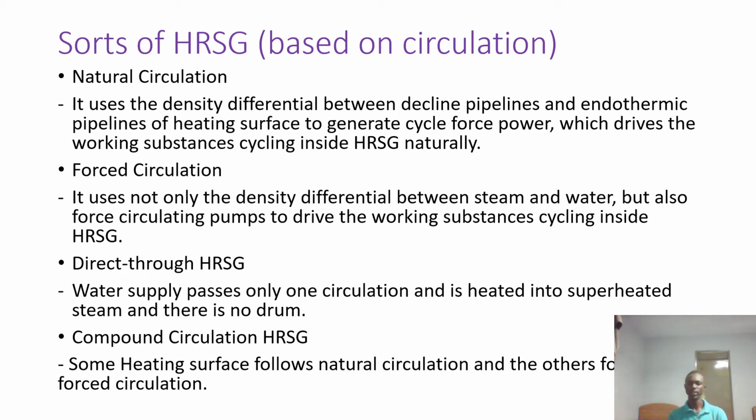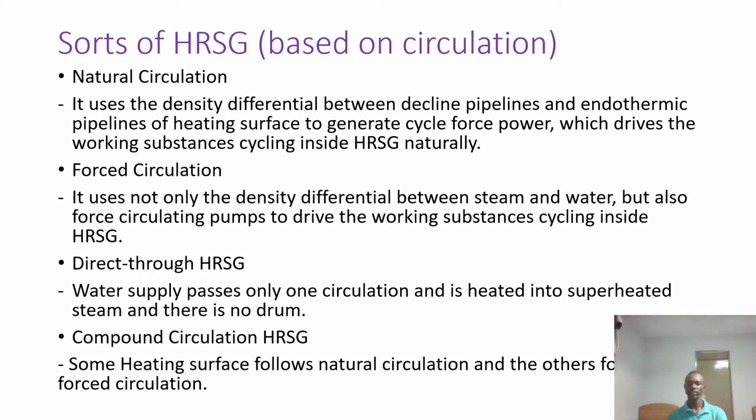The hotter fluid will tend to move upward, while the cooler fluid will tend to move downward, creating circulation in the system. Second is based on forced circulation. This not only uses the density differential, but also pumps that are installed in the system.